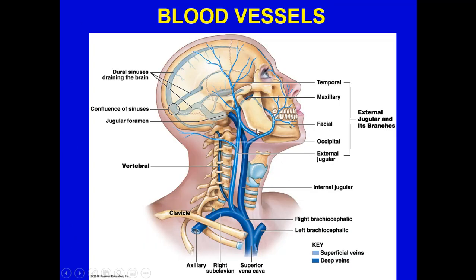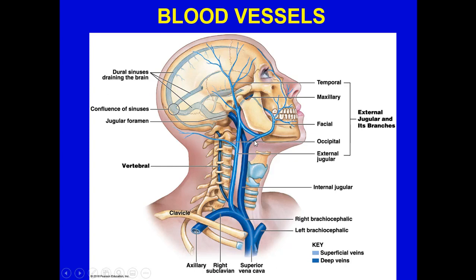As you can see right here, notice again the same situation with the veins, superficial and deep. Dark blue is for the deep, powder blue, the light blue, is for the superficial. You have the dural sinuses draining up in here with the confluence of the sinuses right here. Then you follow the dural sinuses until they eventually come out for the internal jugular.